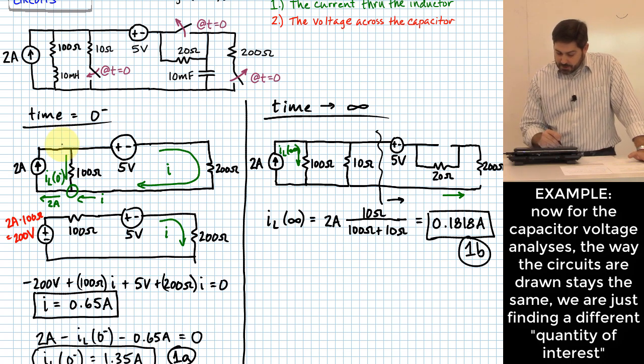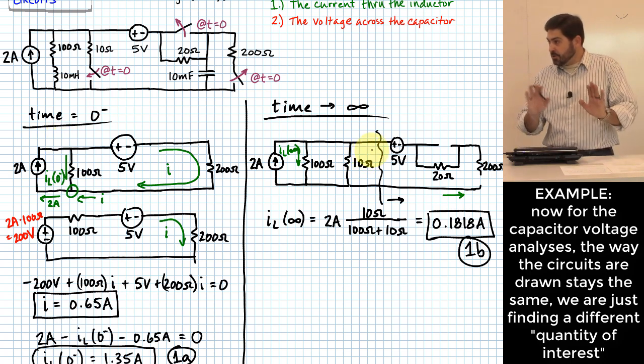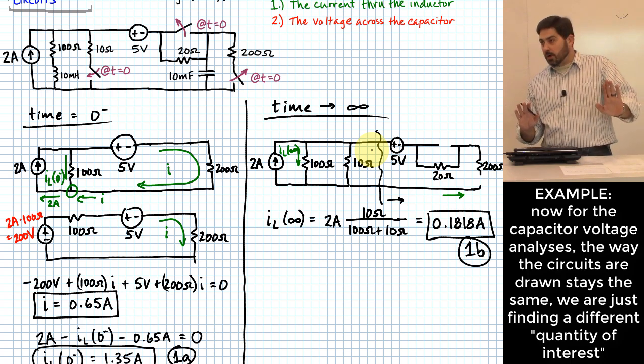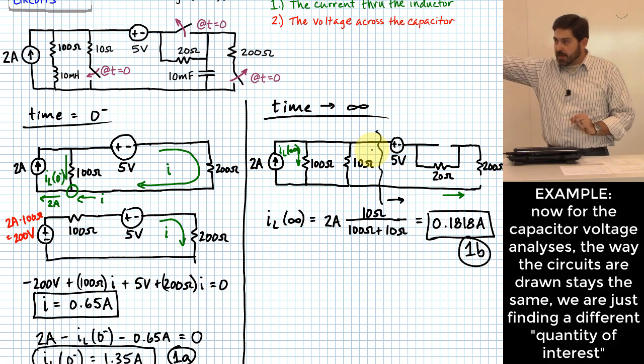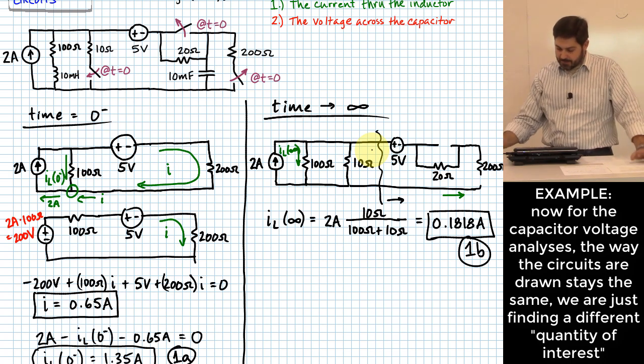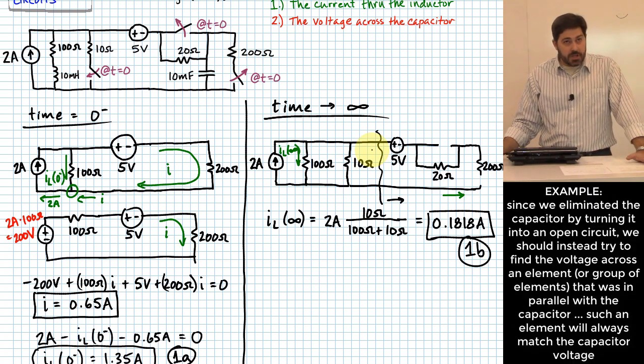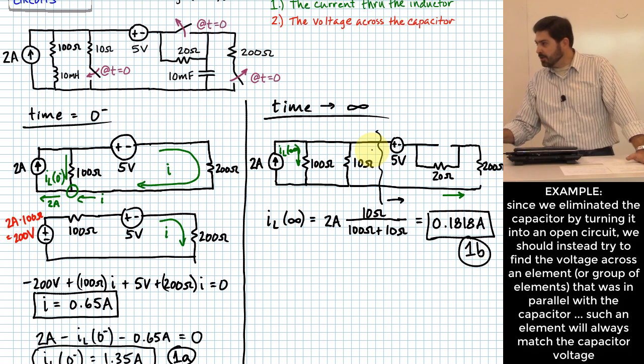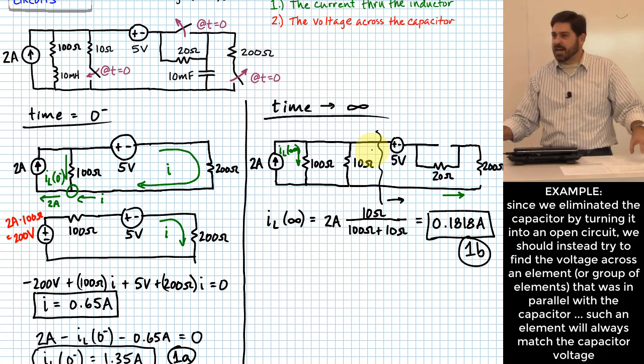So keep in mind, the circuits are not going to change. I had my two different circuits that I drew right there: what it looks like right before the switches flip, and then what it's going to look like at time equal infinity. What we need to do here is probably figure out, is there an element across which the voltage of the capacitor would be the same as the voltage of that element? Does that make sense?